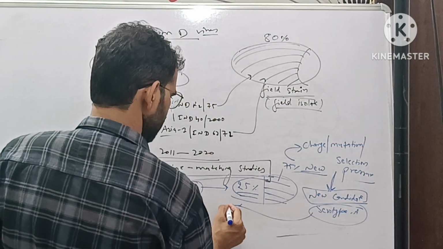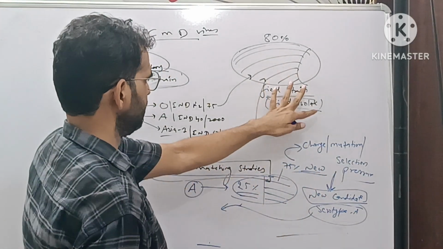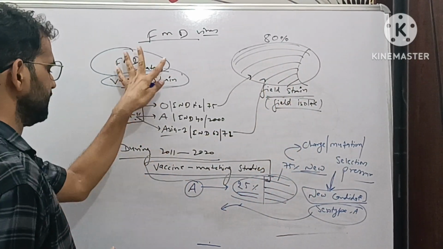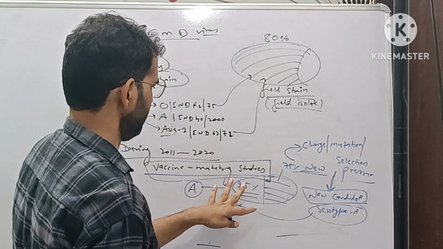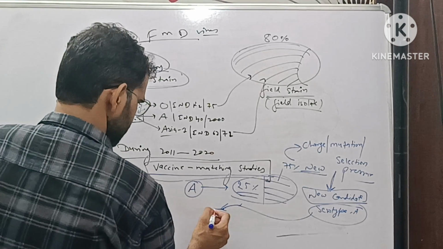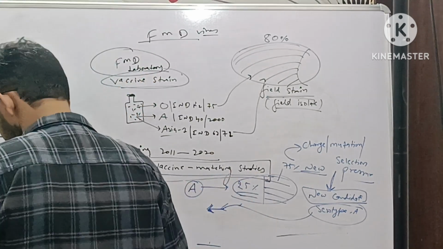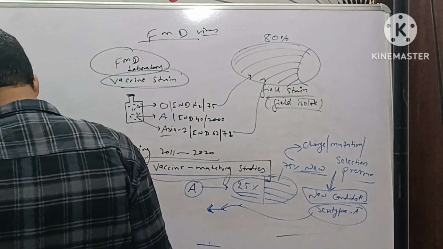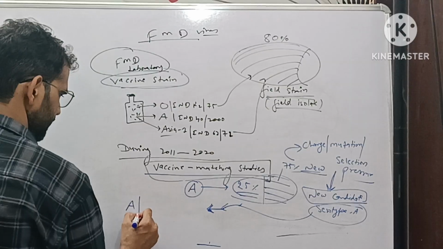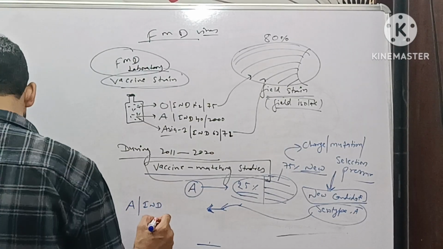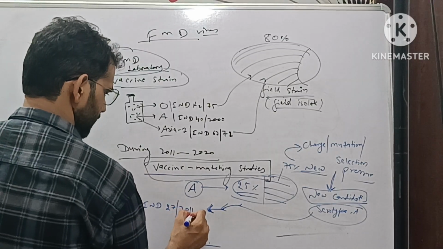Then, from these field isolates or vaccine matching studies using ELISA or virus neutralization methods, they searched for one alternative for serotype A, and it was AIND India 27 2011.